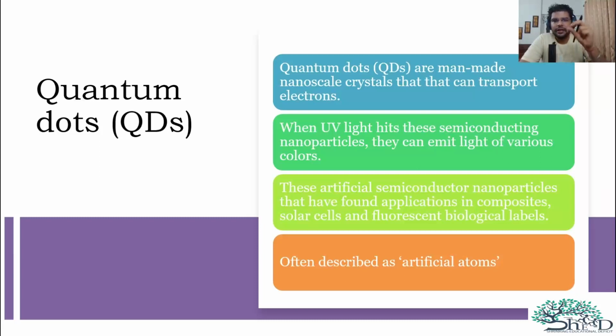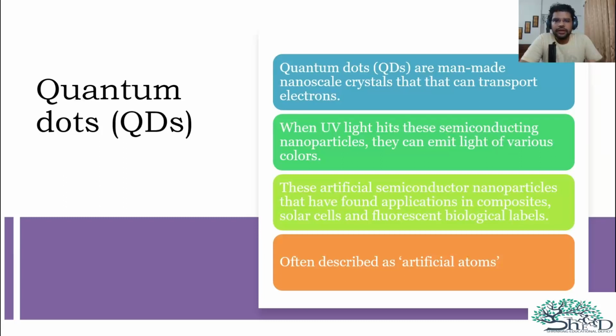So these are right now being used in TV screens. Many very costly TV screens are using quantum dots for better display. So quantum dots are basically man-made crystals at nanoscale, which can be used to transport electrons.